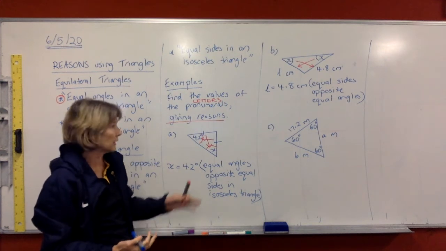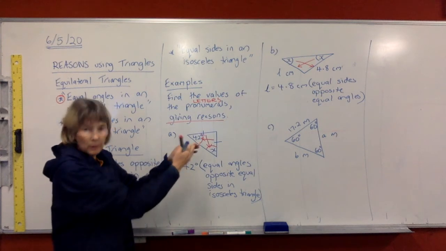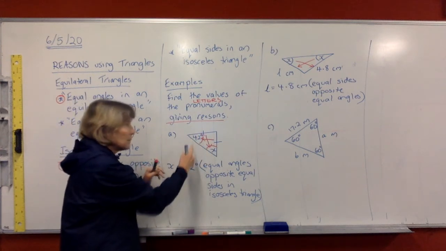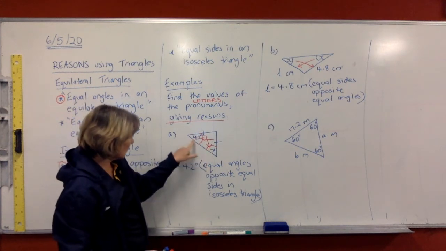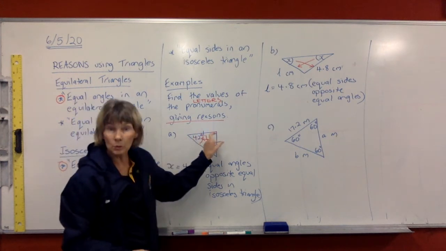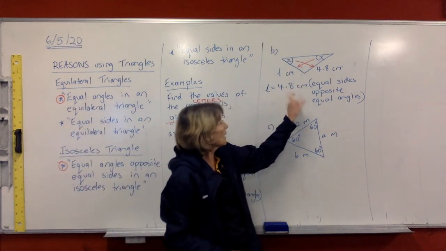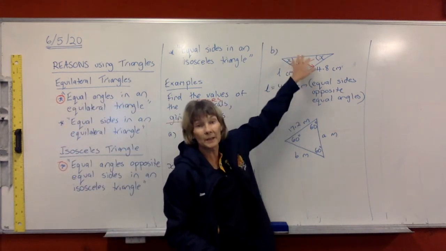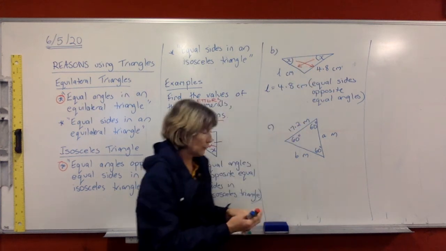We don't even know that yet. So you can just write that down. Just look at what you're doing when you do your crossing over with these red marks and go, what have I just done? Here, I'm saying that the equal angles are opposite the equal sides that they gave you. And here, I'm saying that the equal sides are opposite the equal angles that they gave you. Okay, so try and write it in the right order if you can.